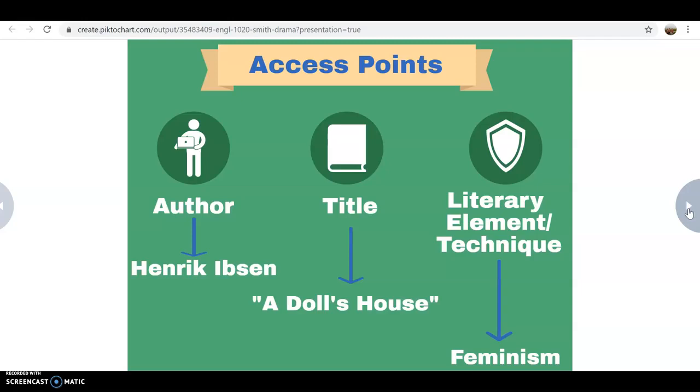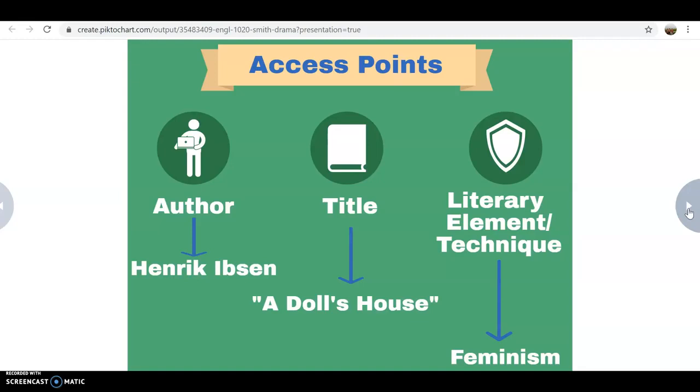So I'm going to have Henrik Ibsen as my author and A Doll's House as my title. When you go into the databases, you are going to have Tennessee Williams as your author and The Glass Menagerie as your title. So all that's super great, right? You could do research on just those 2 access points and be in pretty good shape.